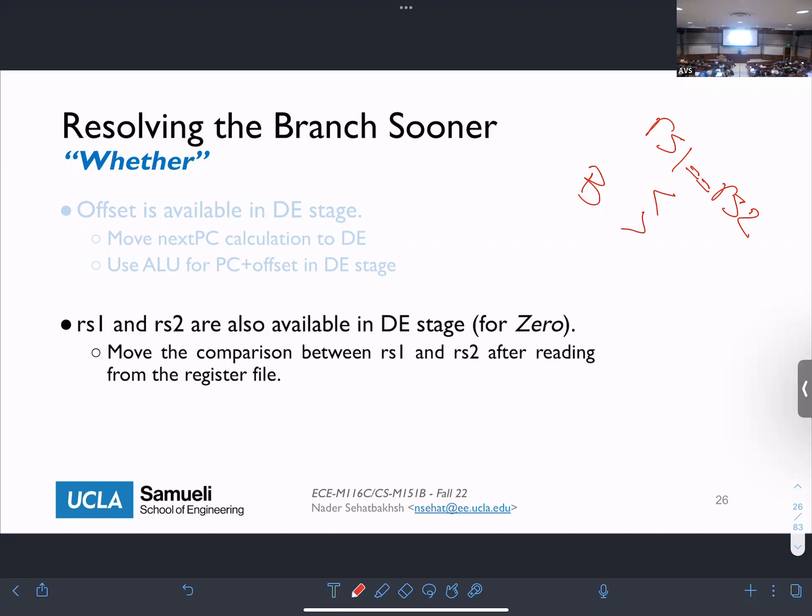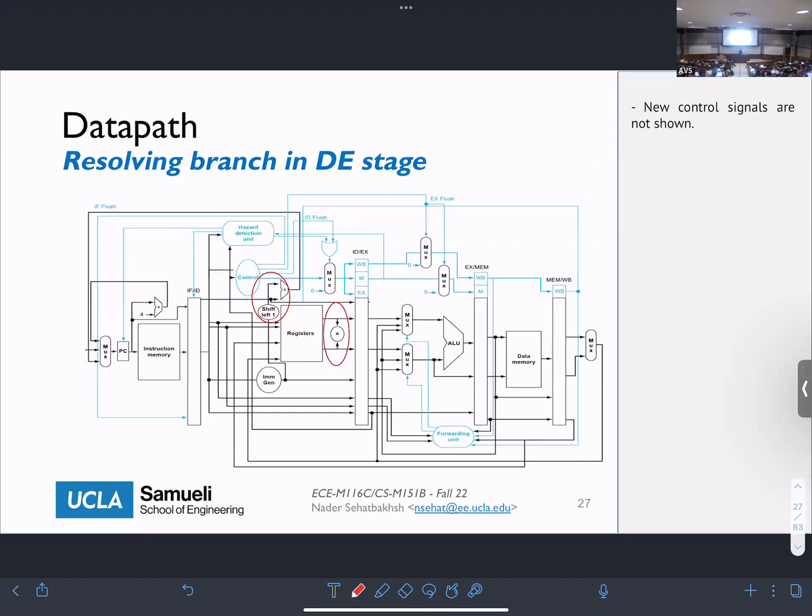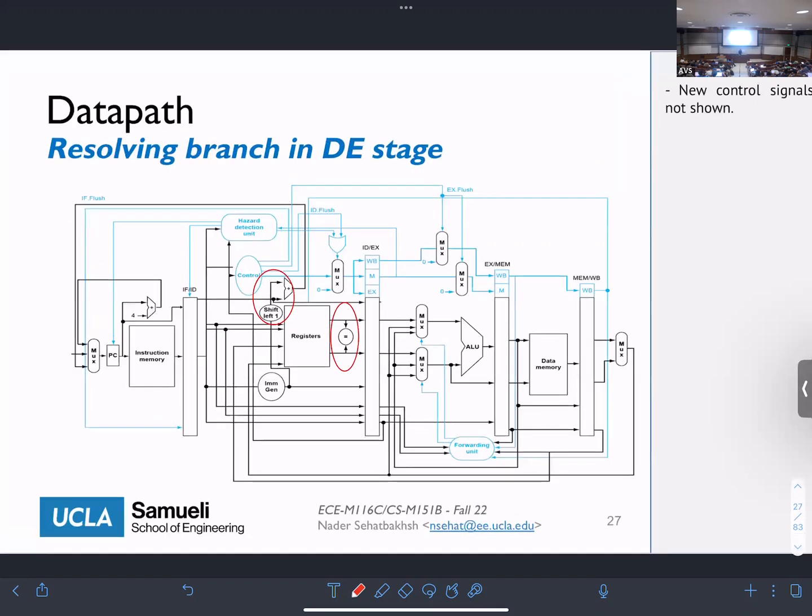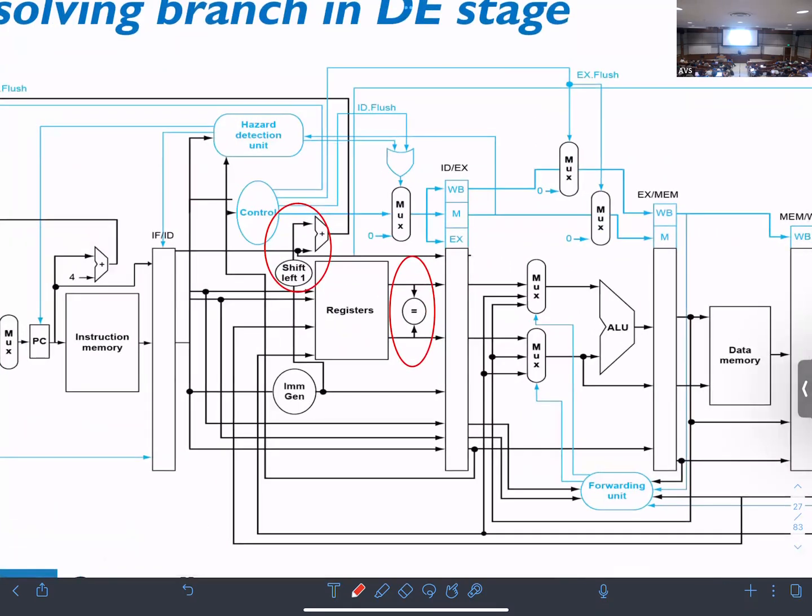If you do that during the decode stage, we're solving the whether problem as well. Okay, so this would be our data path based on these 2 assumptions. As you will see, this part, which was PC plus offset, was originally here, and now I moved it here.